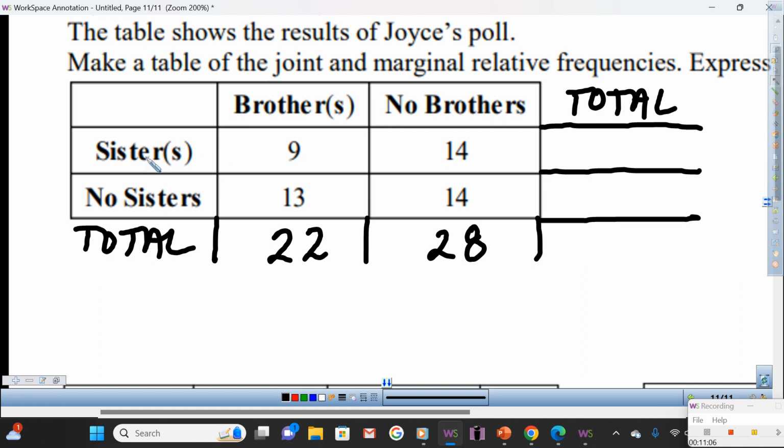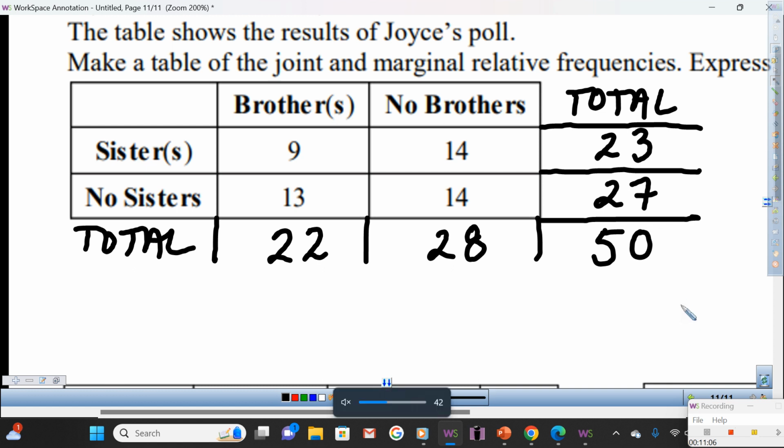The row, sisters. 9 plus 14, that's 23. And the row of no sisters, 13 and 14, that's 27. So now if I total this way or total this way, it should give us the same total, which is 50.